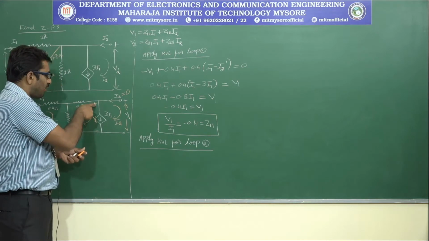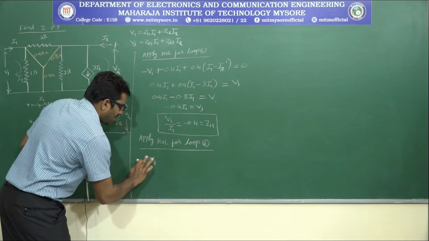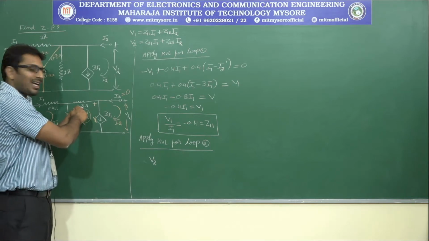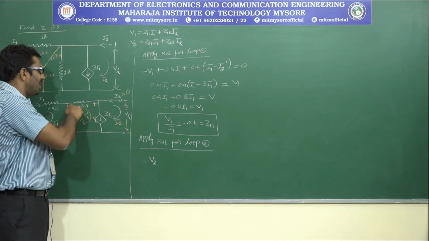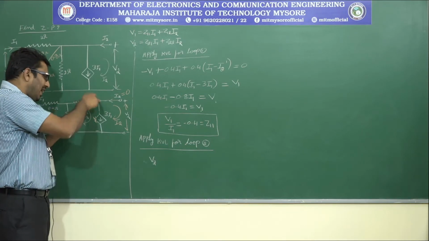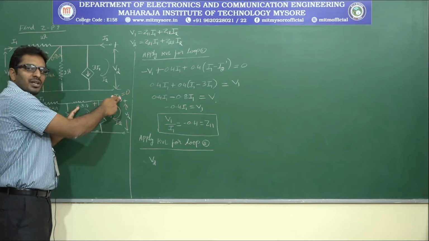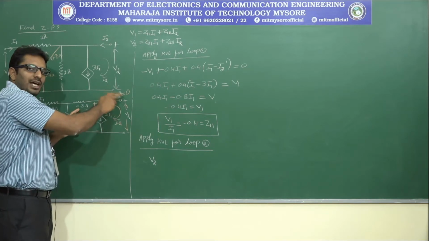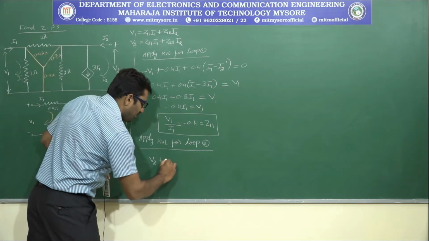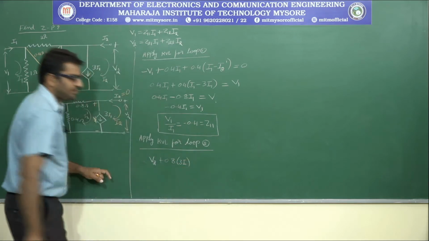Just it meets the polarity, plus V2, or directly we can write V2. Next, 0.8: what is the current flowing through this 0.8? The current 3I1 is flowing through 0.8, then it reaches this dependent current source, because I2 is 0. There is no effect of I2. So, 0.8 into 3I1 plus 0.8 into 3I1.